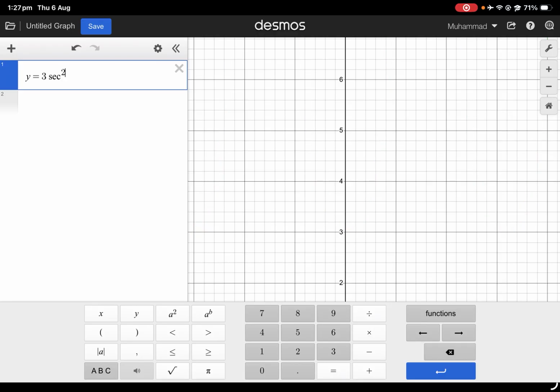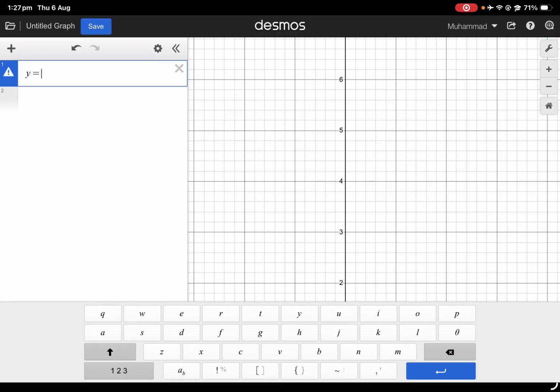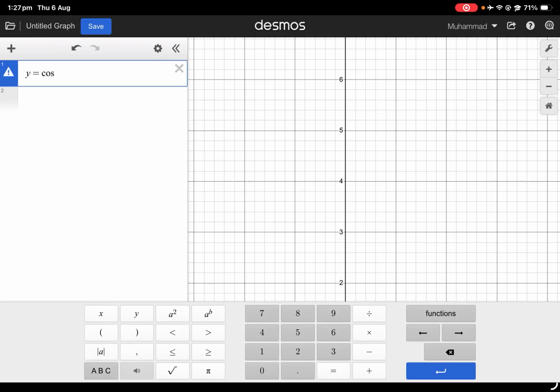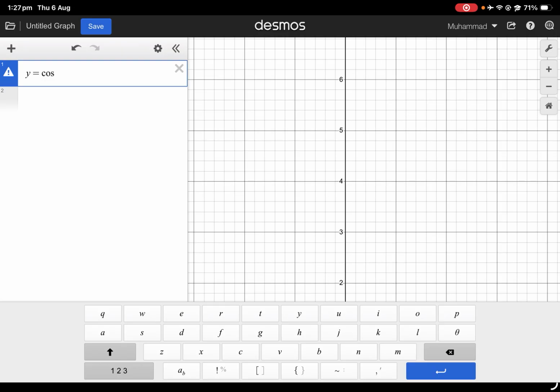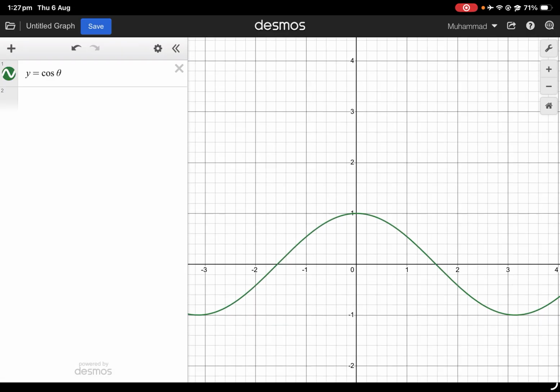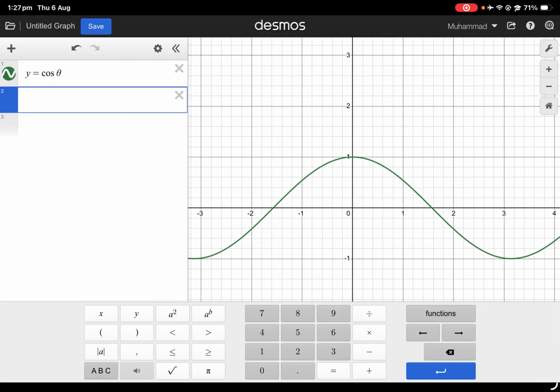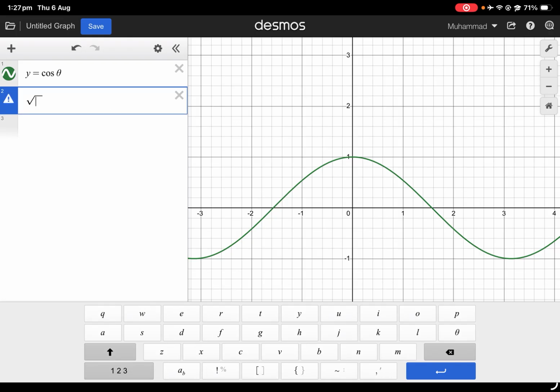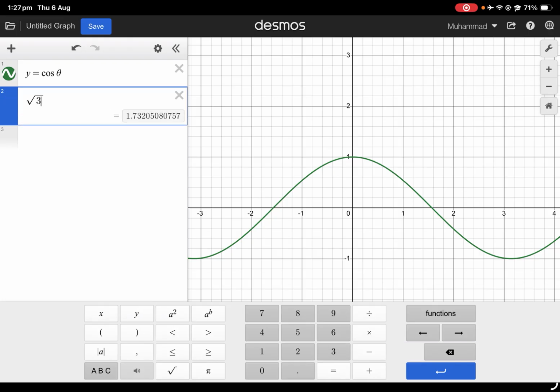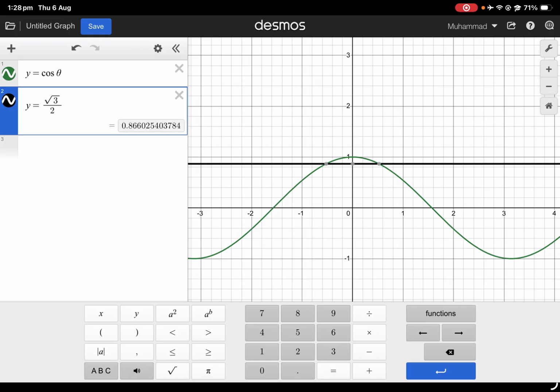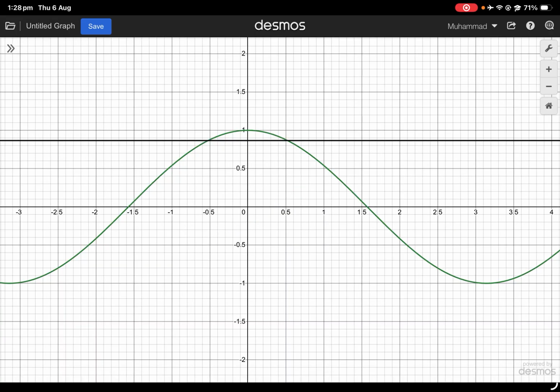So now instead of this, we're gonna do cos of, let's say, theta, cos theta, and then we're gonna do the square root of 3 upon 2, obviously at y equals, and we just need to look for solutions.